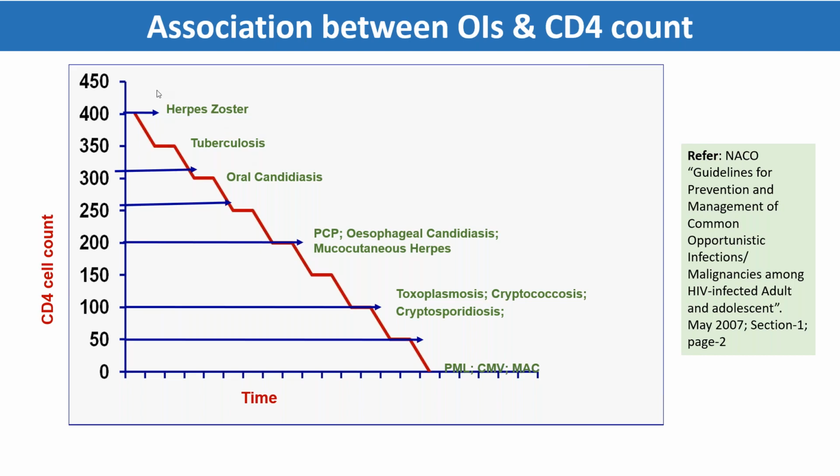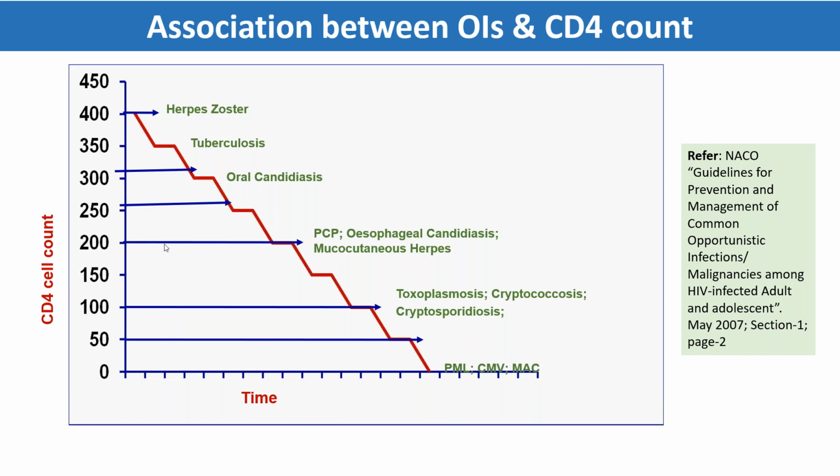So, in the initial phases, when CD4 count is higher, generally patients have PTB. As time goes by, in addition to PTB, it can be disseminated forms of TB as well as EPTB or extrapulmonary TB. Once the CD4 count falls further to about 300, patients start developing oral candidiasis.